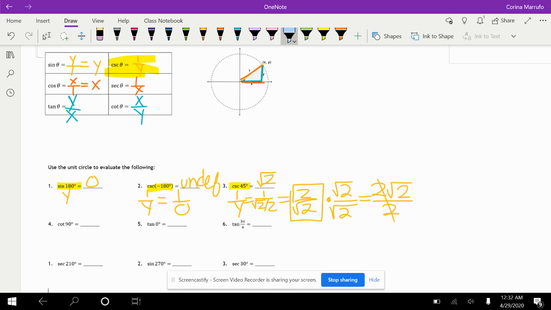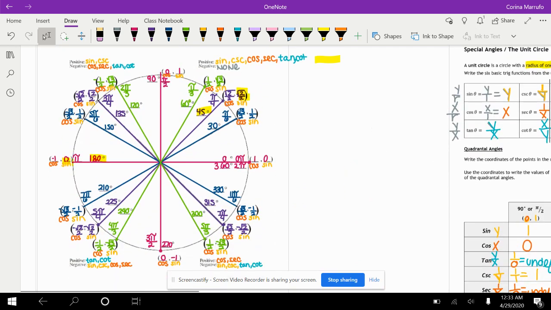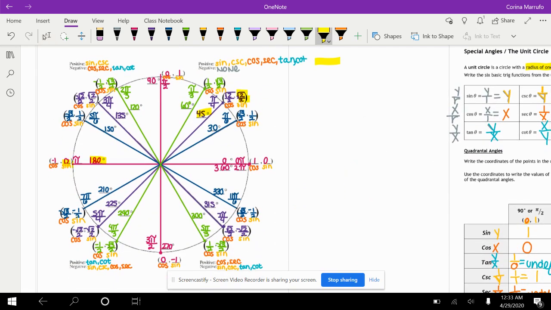All right, moving on. Now we have the cotangent of 90. Based off of here, we know cotangent is our x value divided by our y value. Let me go ahead and scroll up at 90 degrees. We have 90 degrees.